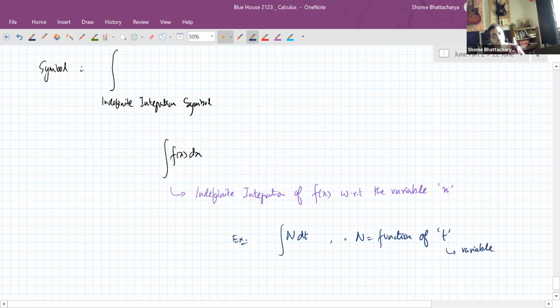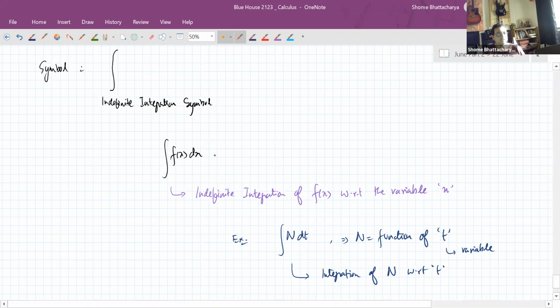And this whole thing is the integration or indefinite integration of n with respect to t.